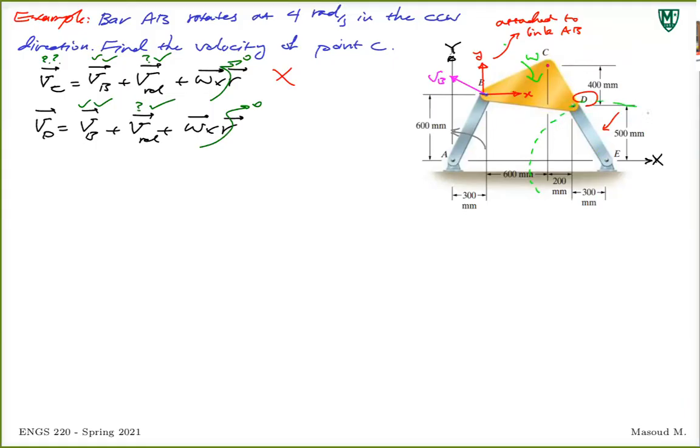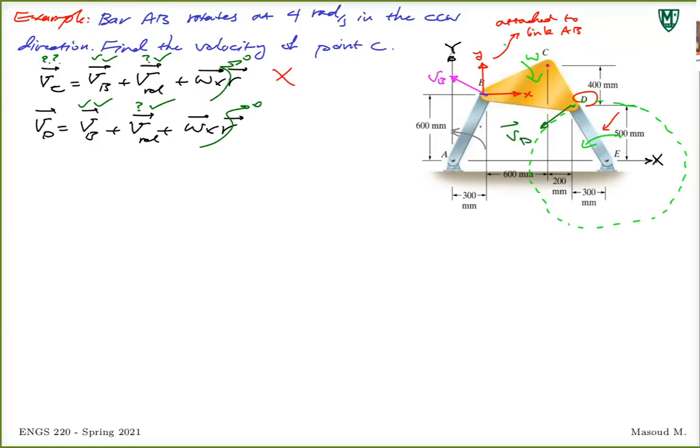It doesn't matter what the motion of the whole system is. By the end of the day, the velocity of this depends on which direction we assume link DE is rotating. We have to make an assumption about that. If I assume that it rotates this way, I know the direction of VD. This is VD.